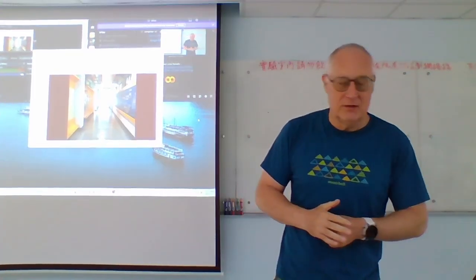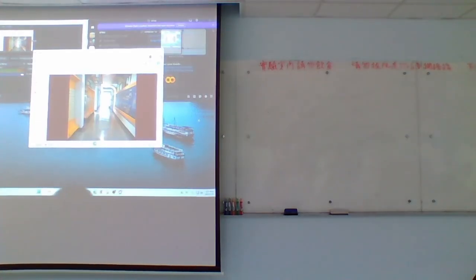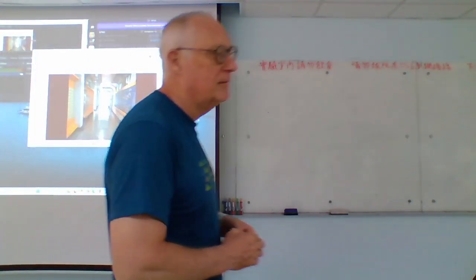What we're talking about today is visual SLAM, visual simultaneous localization and mapping. We want to be able to do that with a camera. And lots of research has been going on in this area for at least 30 years now.